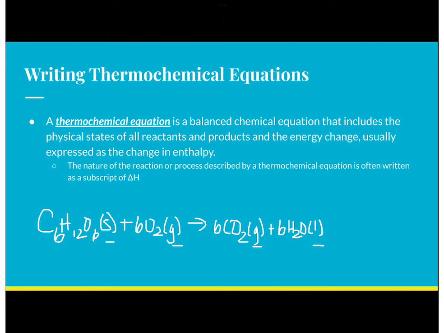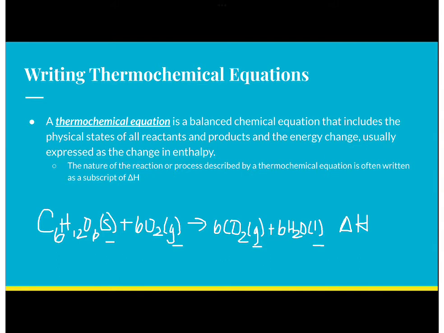It is balanced, and since this is a thermochemical reaction, we're going to have delta H out here that's going to describe the heat released, because combustion reactions release heat, right? Which means that our change in enthalpy is going to be negative.